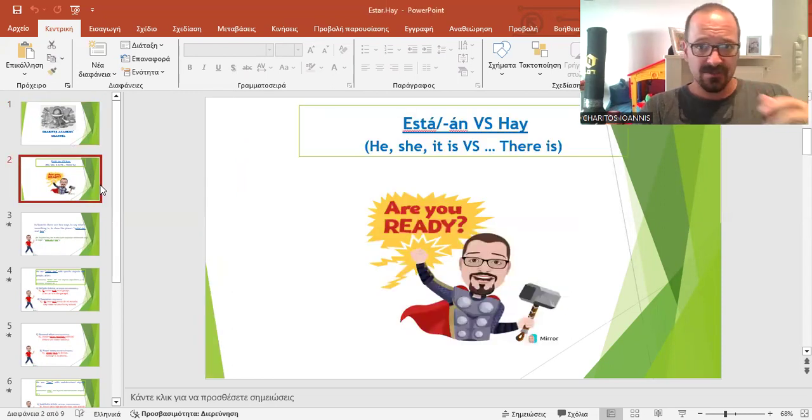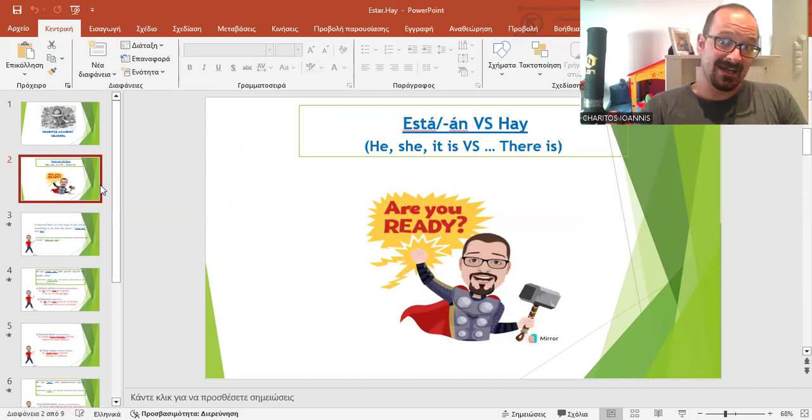So a new Spanish lesson today, and I thought that it would be a good idea to differentiate between está and están in plural and hay, because in Spanish there is a problem sometimes when it comes to describing where something is, the place.